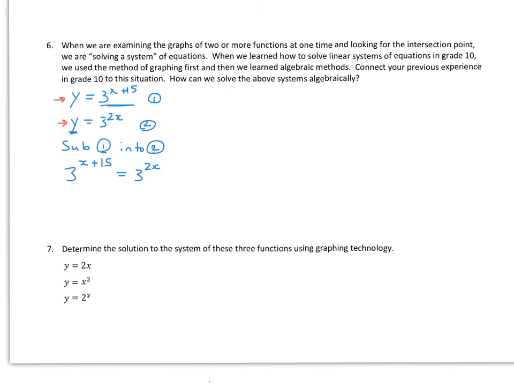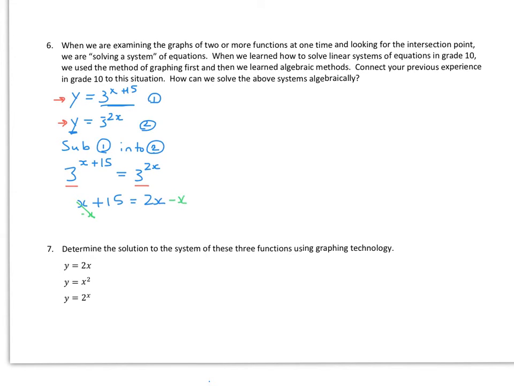Now this we already saw. We saw this in lesson 1.7, I believe it was. Once our bases are the same, and we're trying to find where these are equal, the only way that the left side will equal the right side is if those exponents are equal to each other. So that means that x plus 15 has to be equivalent to 2x. And then I can just subtract x from both sides to get rid of it here.